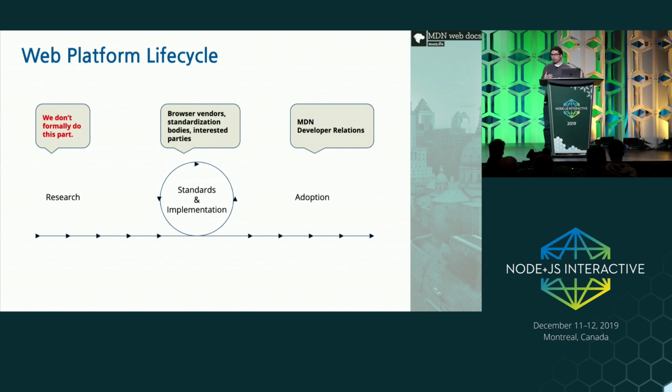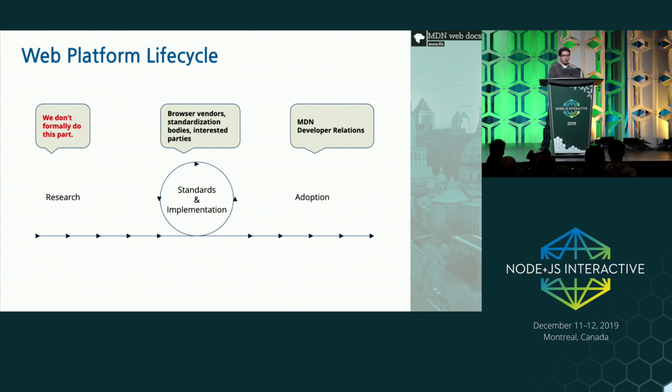Now, most of us had a pretty good idea about the adoption side of things, because that's really where MDN shines. And we had some idea about the standardization and implementation phase, but we wanted to know more about the research part of this. So how do we learn about developer pain points, what they need, and what we should prioritize for the web platform?